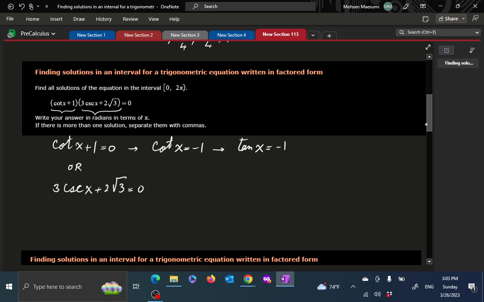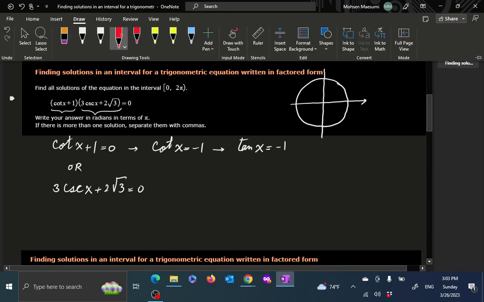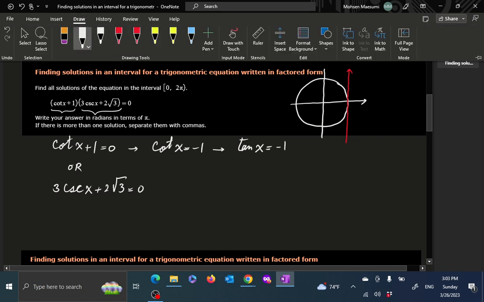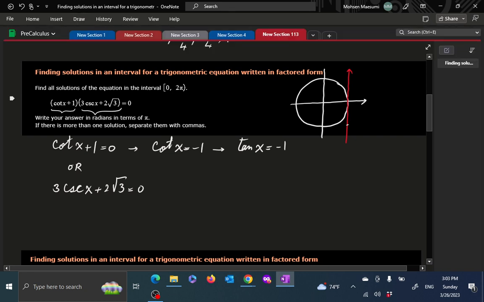Now, there are two or three ways of answering this question: looking up in the table, or, to get confidence about our answers and build some intuition ourselves, we draw the unit circle. In this case, we also draw the tangent axis. This is the tangent axis. In this tangent axis, we put minus 1. Minus 1 would be here.